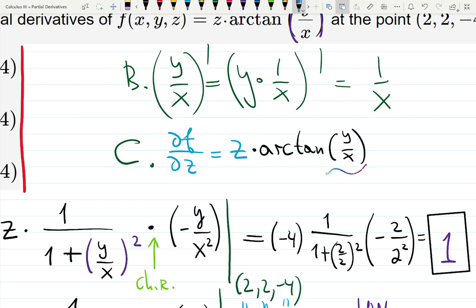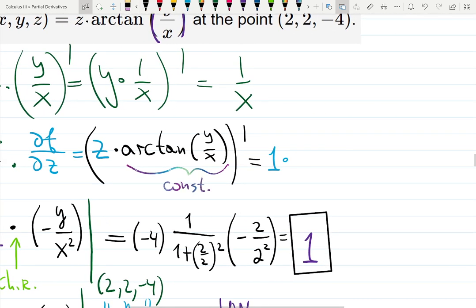This is a constant. What is the derivative of the variable times a constant? Just the derivative of that variable. The derivative of z is 1. The constant survives because it was multiplied. Arctan of y over x.